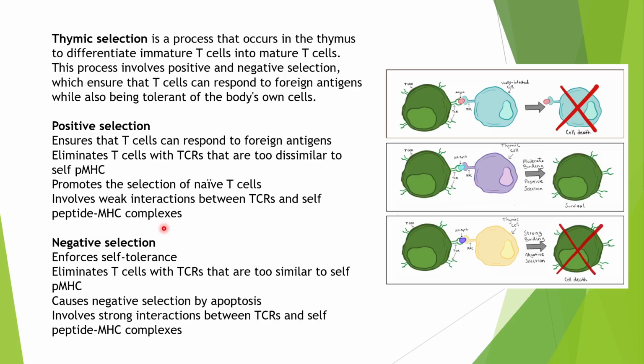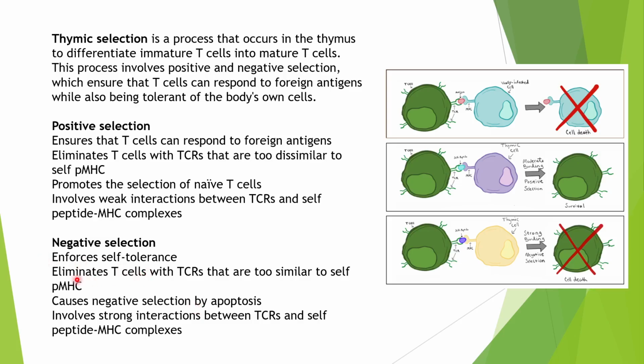Now coming to negative selection. Negative selection enforces self tolerance. Negative selection eliminates T cells with T cell receptors that are too similar to self peptide MHCs. So here you can see the difference. Positive selection eliminates the T cells which are too dissimilar to your self MHC, and here it eliminates those that are too similar to your self MHC, because this is for self tolerance, and then causes negative selection by apoptosis.